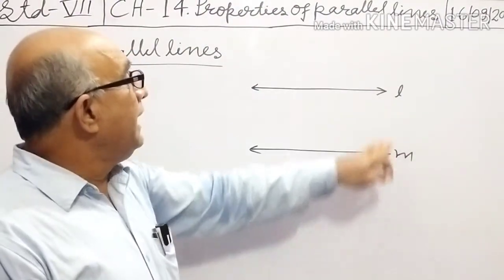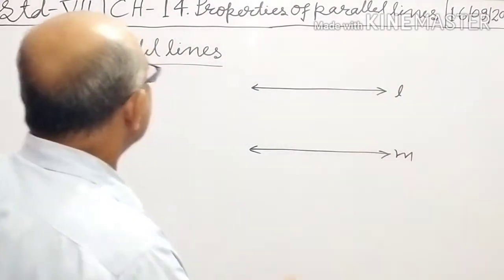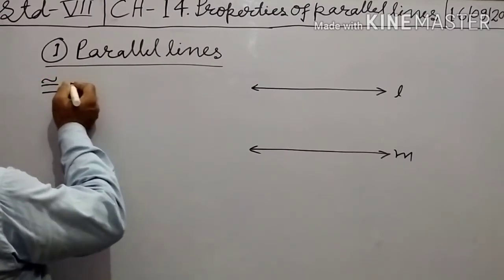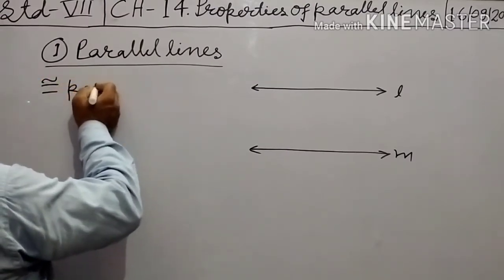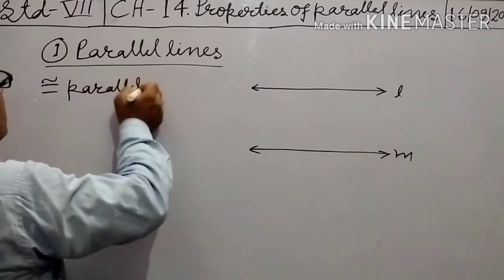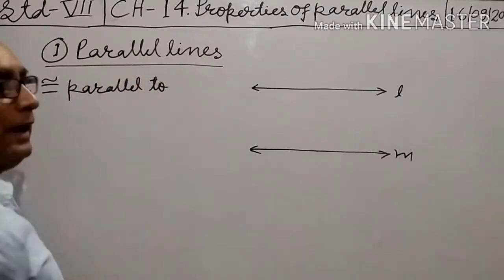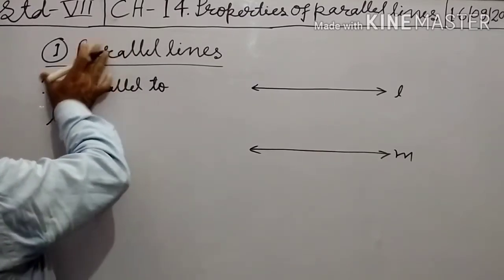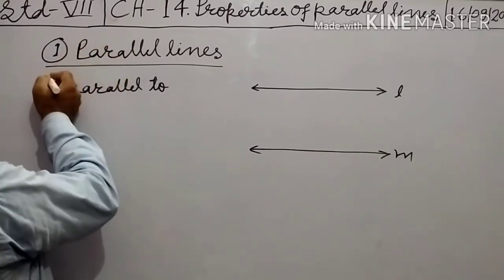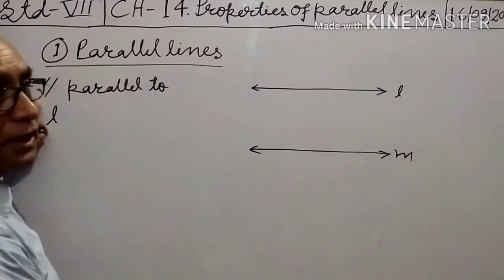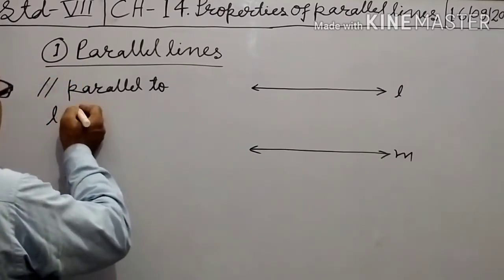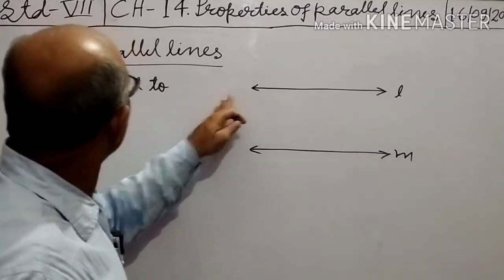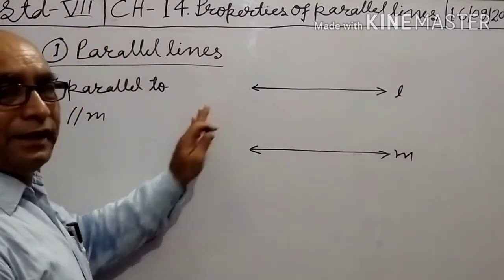Then lines L and M are parallel lines. It is denoted by the symbol "parallel to". So L parallel M, line L parallel line M.